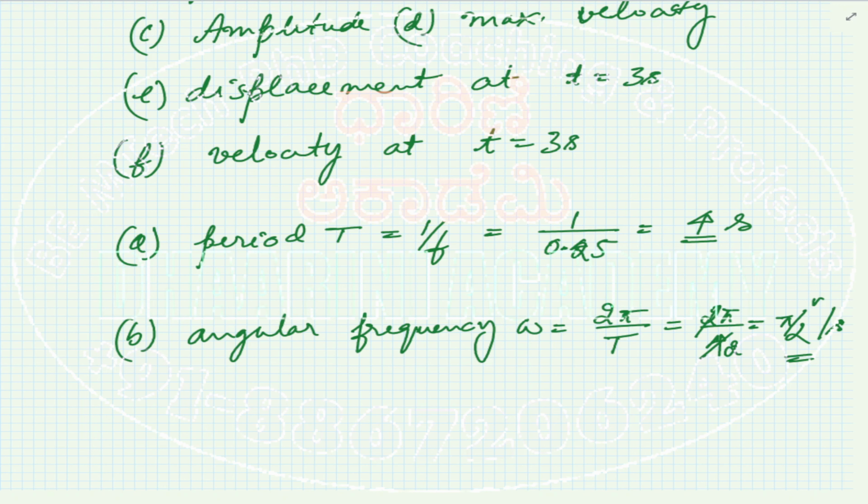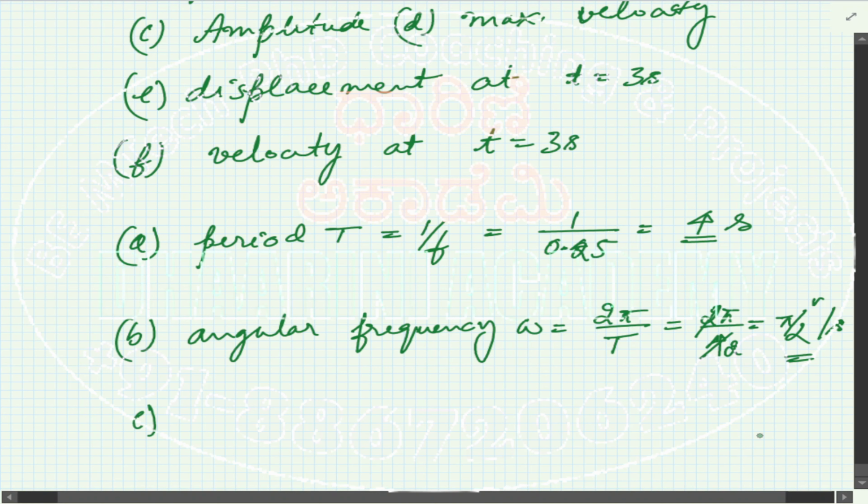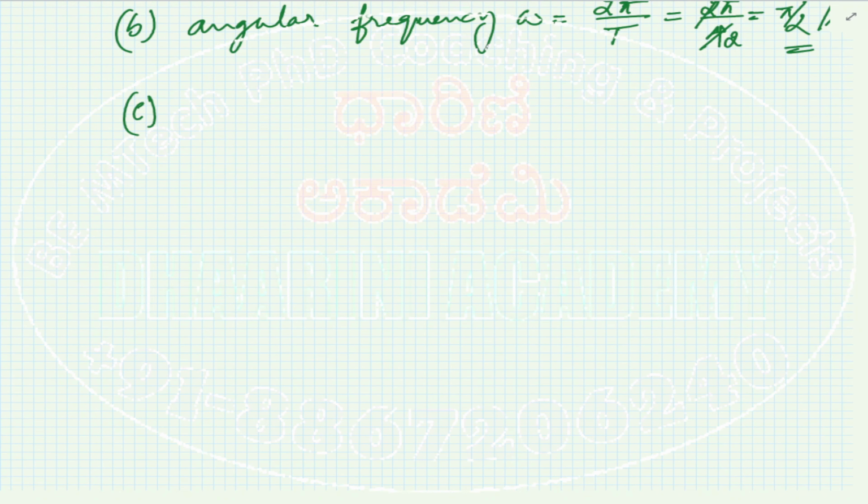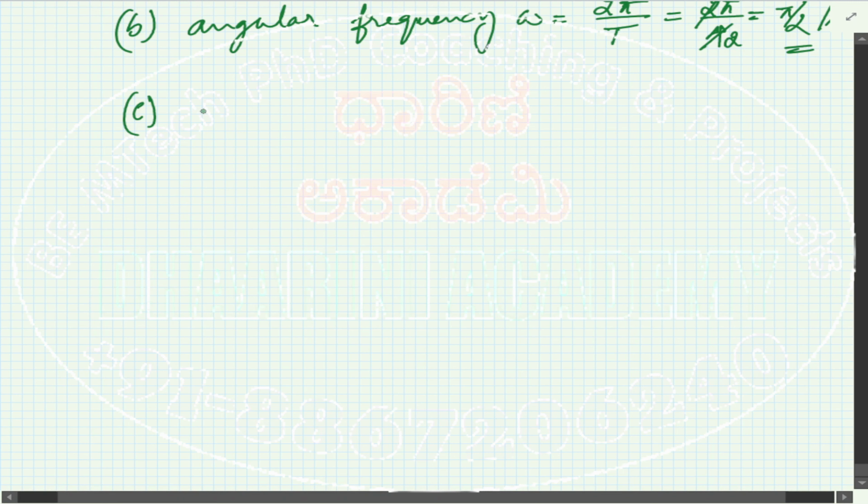Now, part C of the question. It says amplitude is the maximum displacement. So amplitude A is equal to, the distance is given as 2 and the mean position is 0. 2 minus 0 is 2.